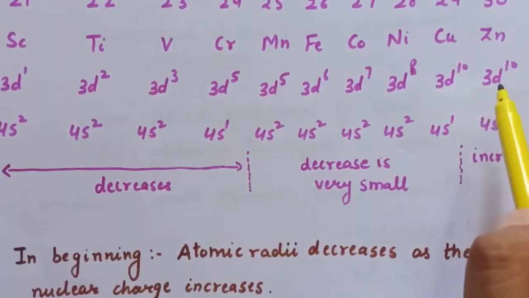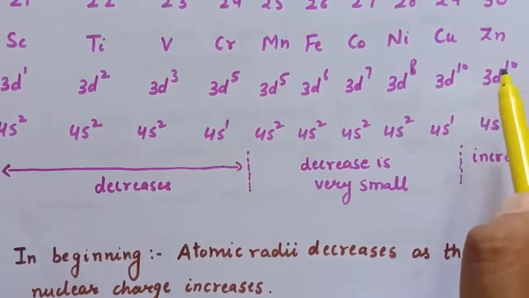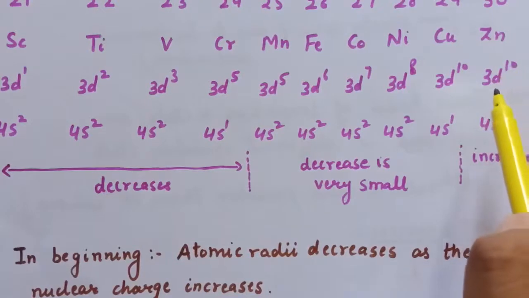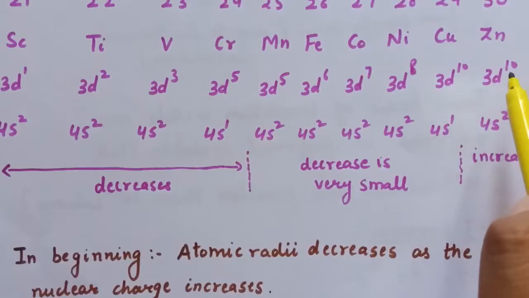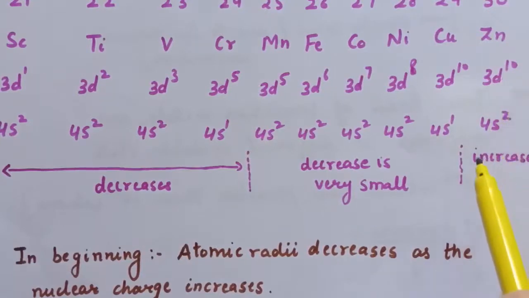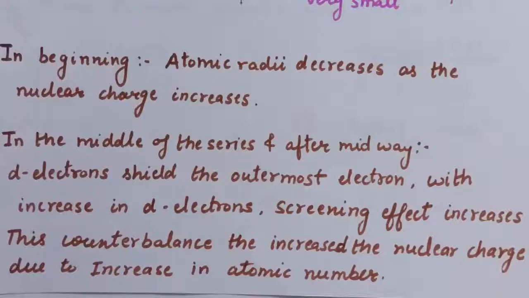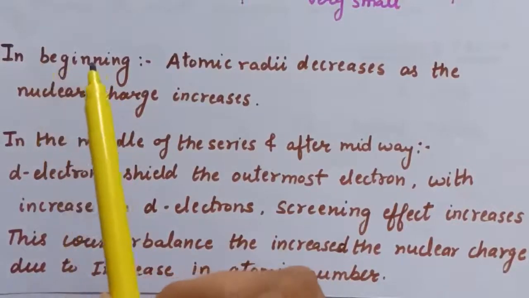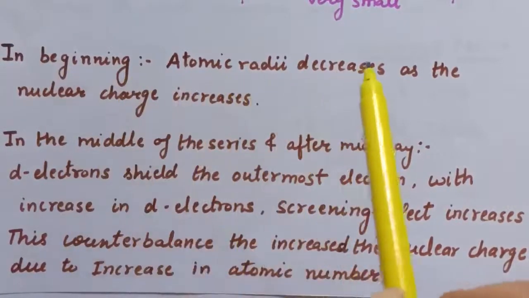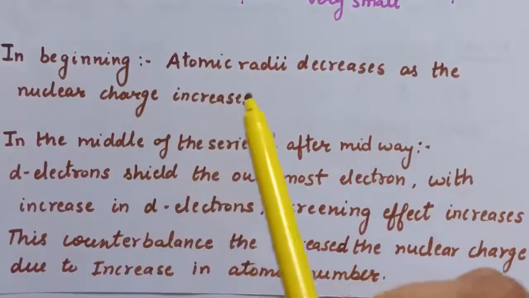Here we have 10 electron in 3D, so electron-electron repulsion will take place, and this will overcome the attractive forces due to increase in the nuclear charge, and that is why the atomic radii slightly increases in case of zinc.